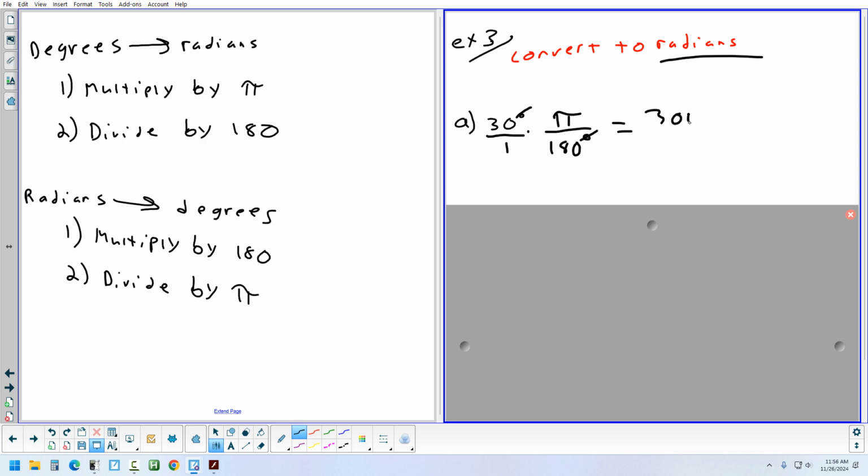You get 30 pi over 180. We need to reduce that as much as we can. What number goes into both 30 and 180? Yep. 30. And that would leave you with pi over, how many times does 30 go into 180? 6. So 30 degrees is pi over 6 radians.